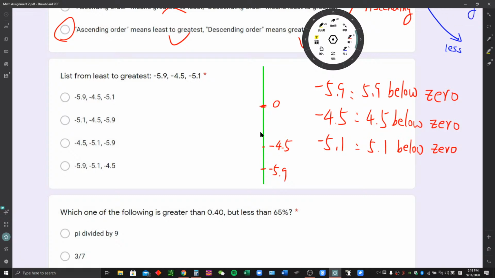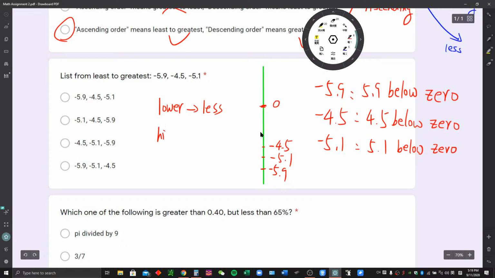So this might be here, negative 4.5. And negative 5.1 is 5.1 below 0. It should be between these two. It goes down from 0 more than 4.5, but less than 5.1. So here it might be negative 5.1. And least to greatest, again, the lower, the less.